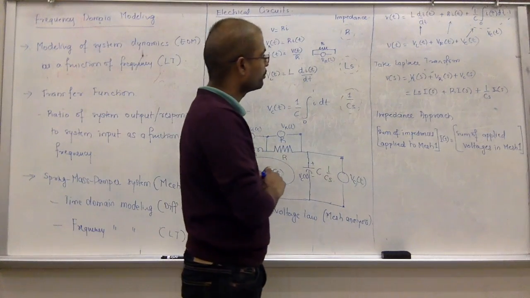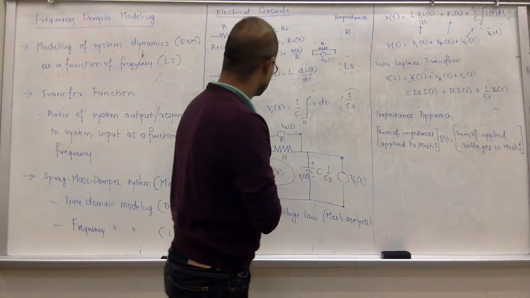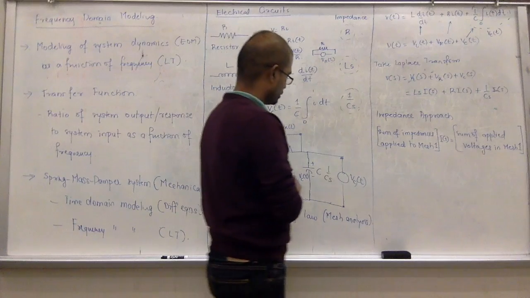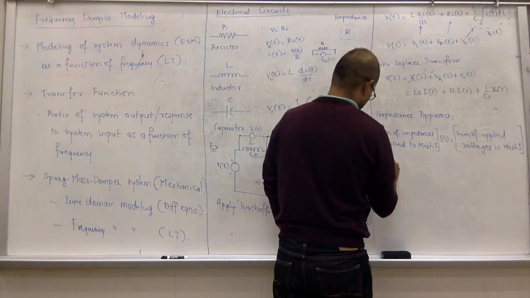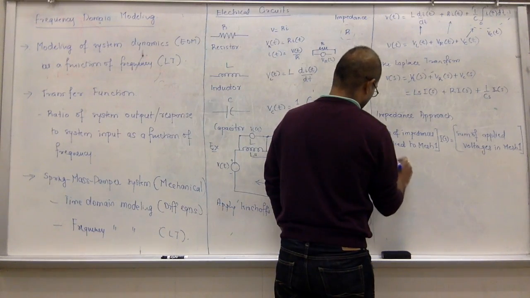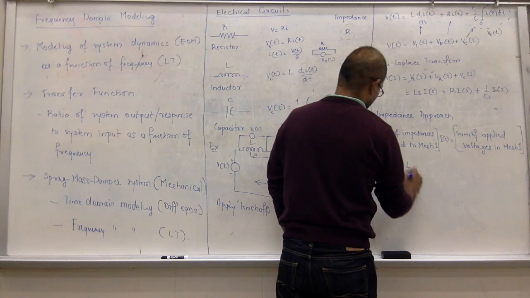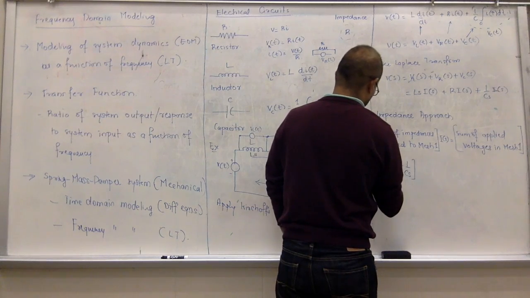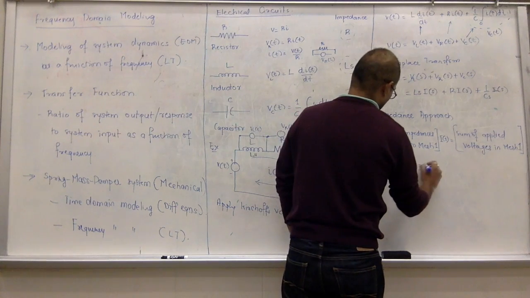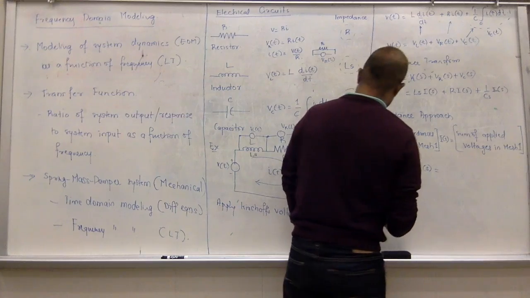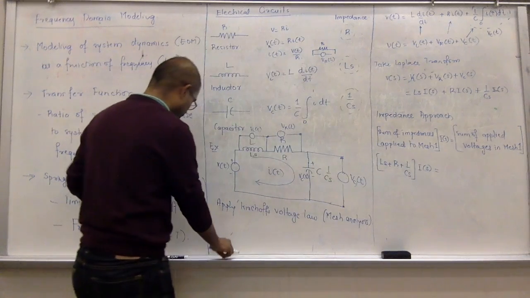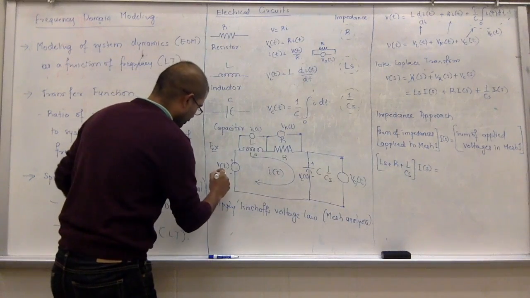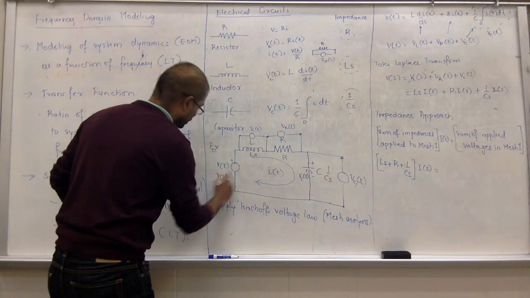So tell me, what are the impedances? It is Ls plus R plus 1 over Cs into I of s is equal to, so this V of t becomes V of s. Take the Laplace of each.